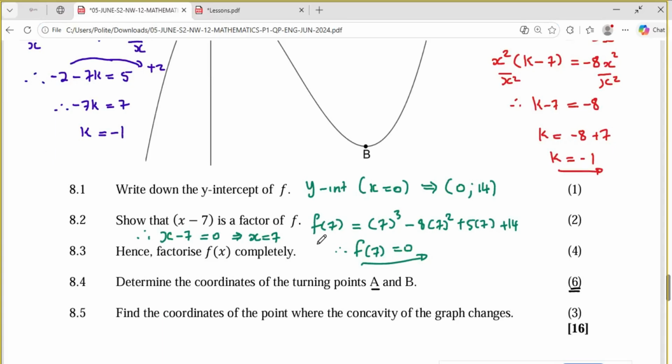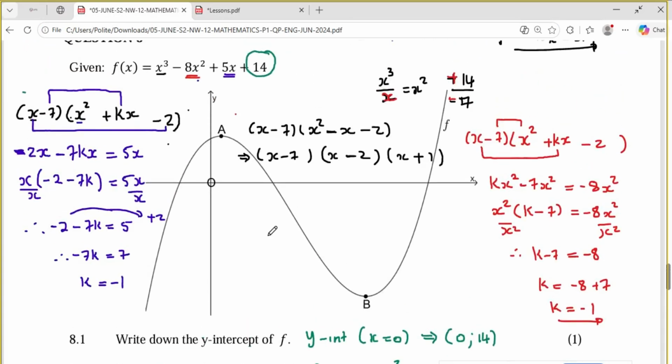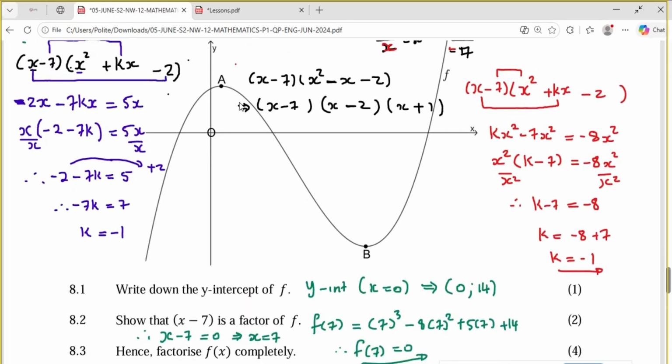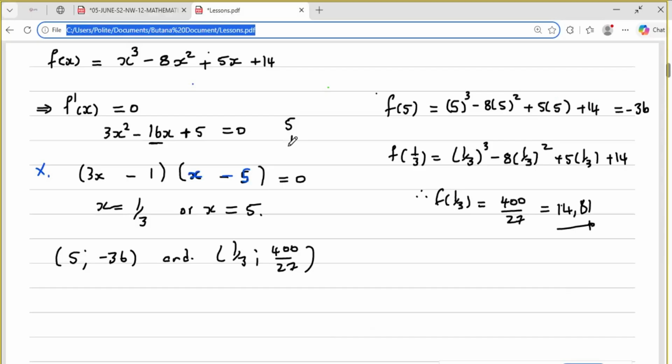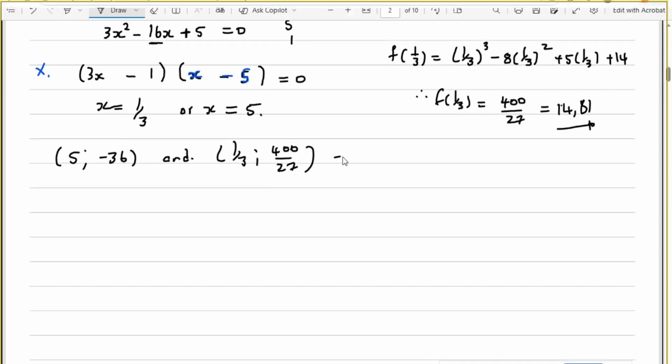They say the coordinates of A and B. Look at where A is. We can even look at the y values. This one has a positive y value, and this one has a negative y value, then A has a positive y value. So A will be this one, and this one will be B.